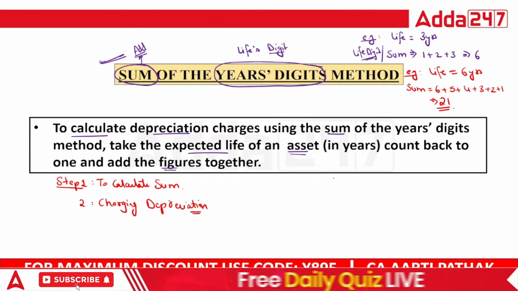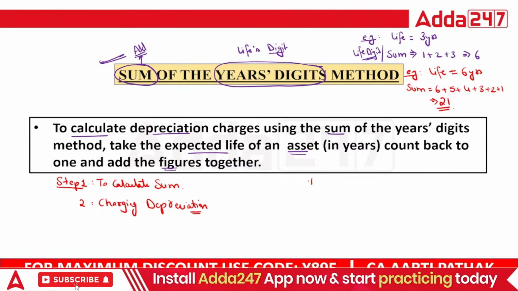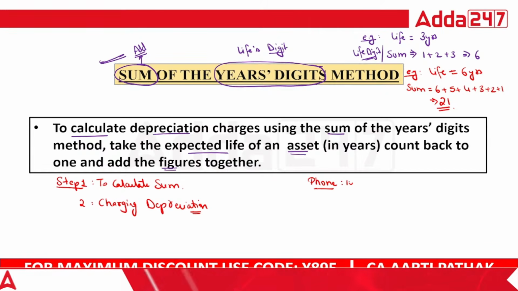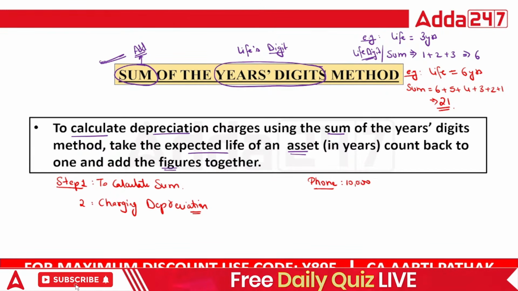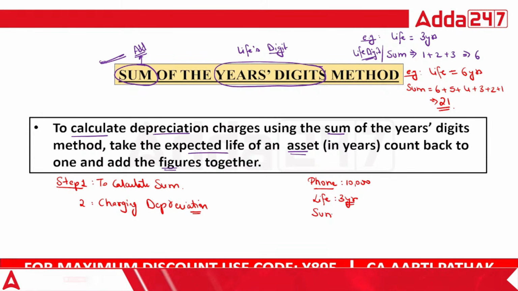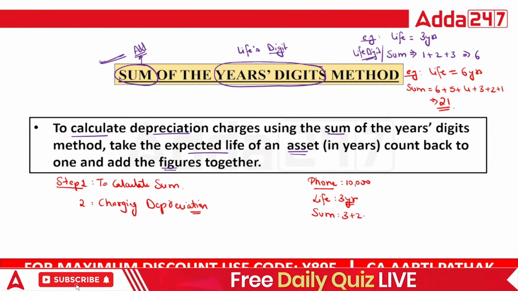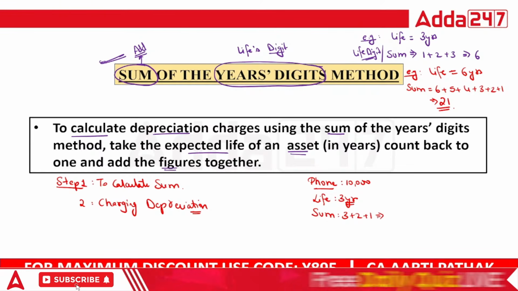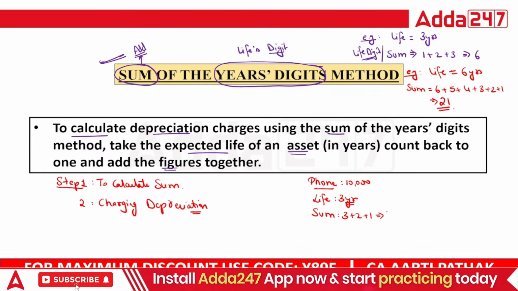Suppose I purchased one phone, the value of that phone in the first year is 10,000. I decided to use that phone for 3 years. So the sum is 3 plus 2 plus 1, equal to 6.